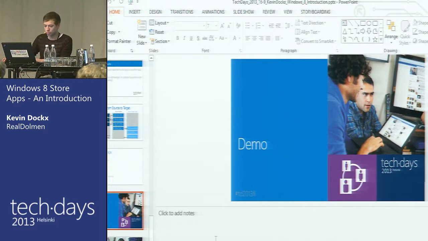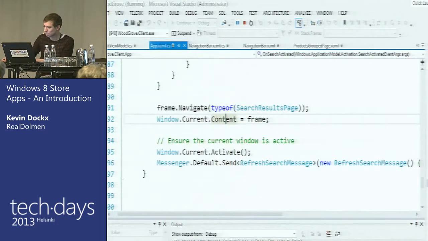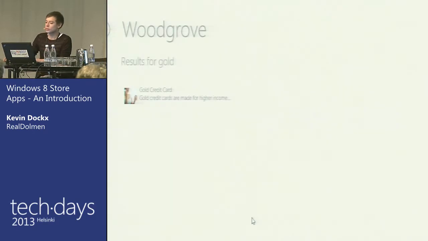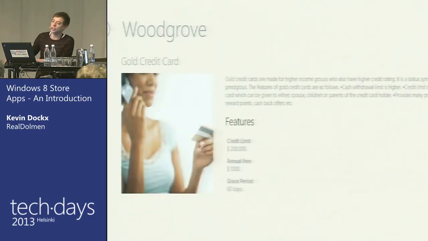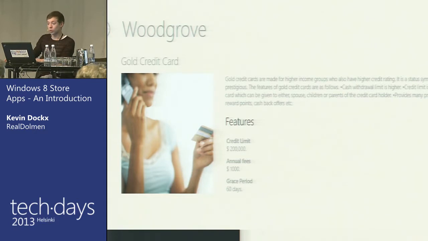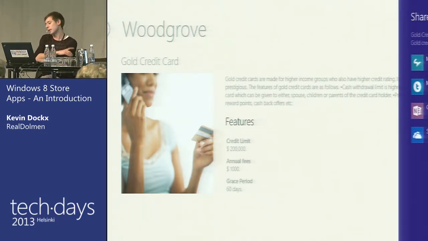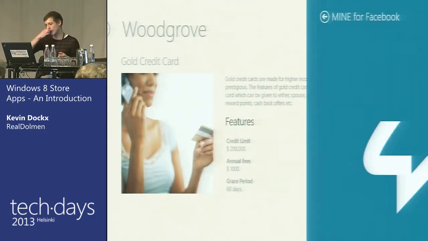So I'll show you. I have a detail page here, which can be shared. And I can share that with these apps. Apparently, these applications have implemented a share contract that they are targets for a picture, if I'm correct.